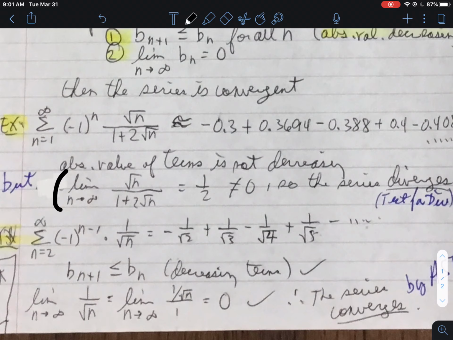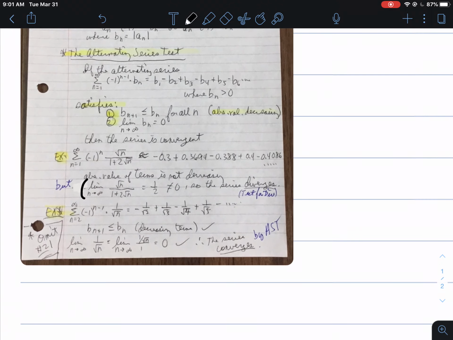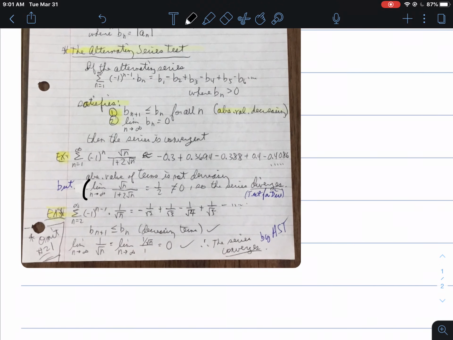So just to remind us, I'm looking at the limit as n approaches infinity of square root of n over 1 plus 2 square roots of n. You could go through the whole L'Hopital's rule thing, but dividing everything by square root of n is where we get this limit.